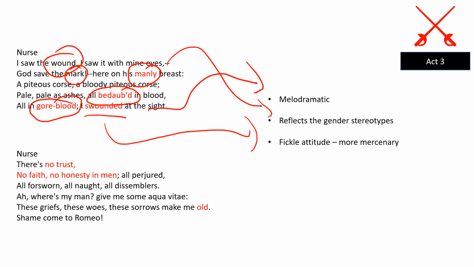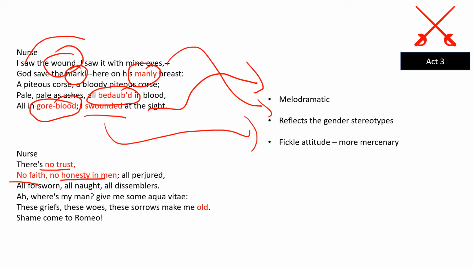Now, what's quite interesting is in Act 3 we have a sudden change, and we see with the nurse how quickly she changes. It goes from Paris to Romeo and then back to Paris, and it's suggesting some ideas about how men are presented. So for example, there's no trust, no faith, no honesty in men. Now we'll see that this happens quite a lot. Repetition is one of the things to look out for with the nurse, because she repeats things, just as you've got here.